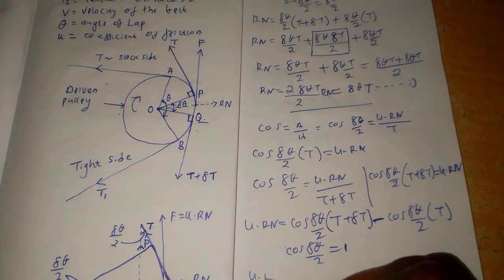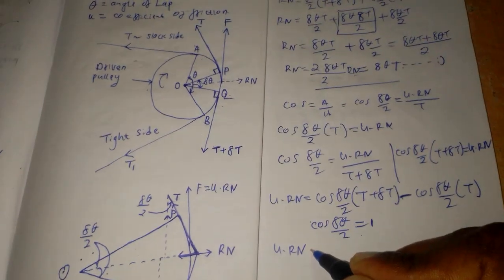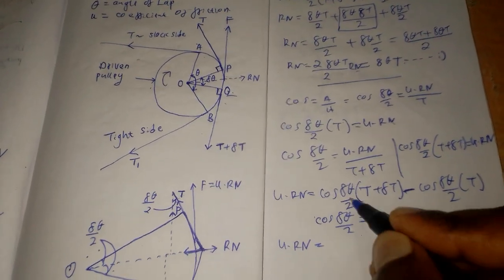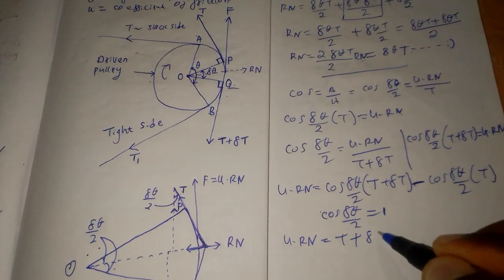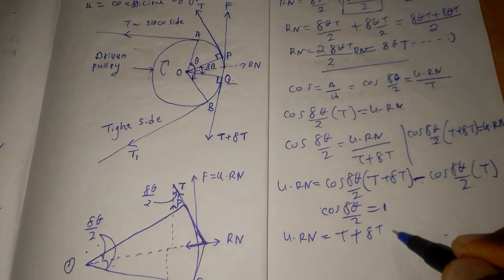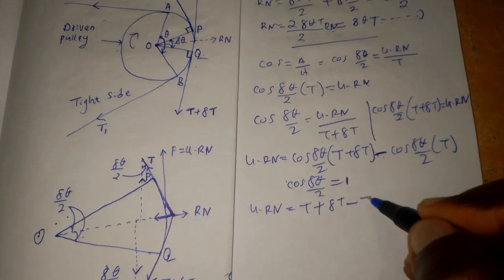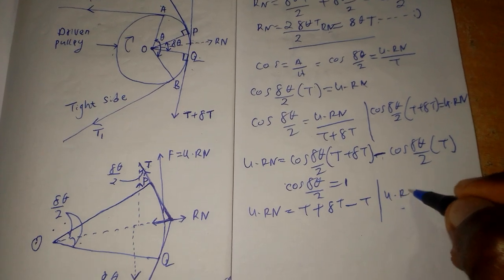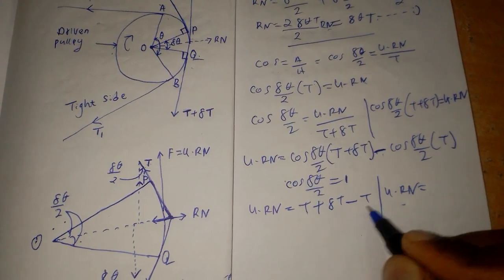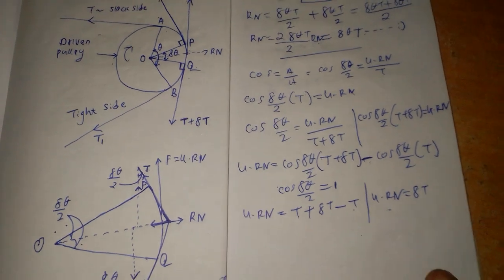Now mu Rn is equal to, here we replace 1, t plus alpha t minus, here we replace 1, t. Now this one and this one becomes alpha t.